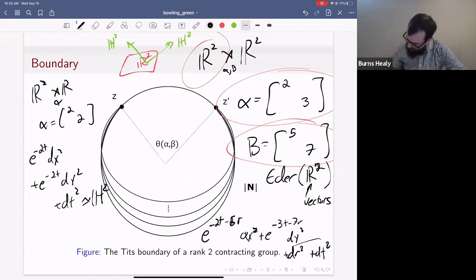And from there you can kind of see why that Euclidean part is asymmetrically embedded.